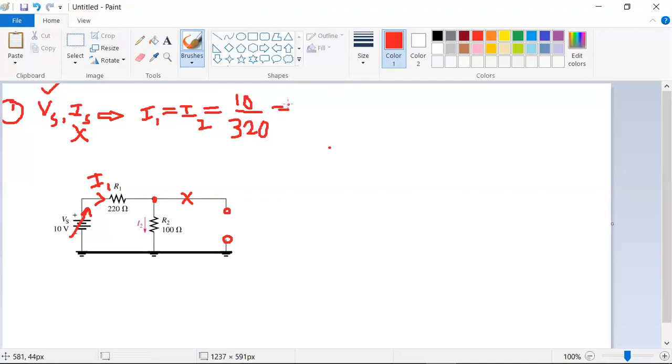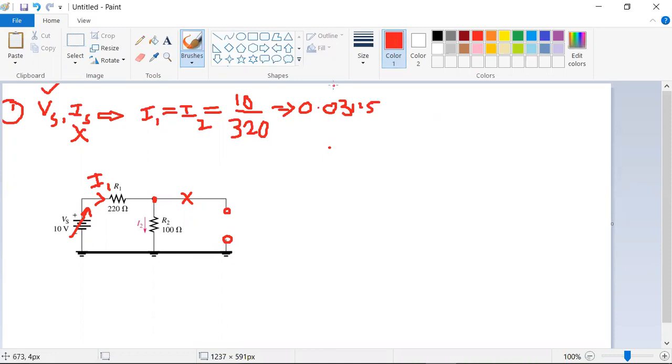Then we can find this current: 10 by 320 is 0.03125. So this is for case 1.